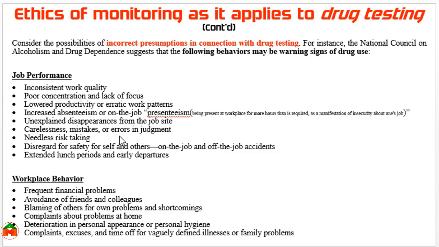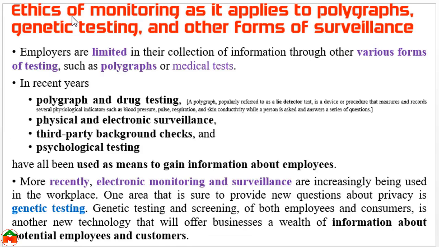These are some behaviors which may arise from drug use, but an employer should be cautious regarding these symptoms, because not only drug use can cause that type of behaviors or performance, there may be other issues. Ethics of monitoring as it applies to polygraphs, genetic testing and other forms of surveillance.